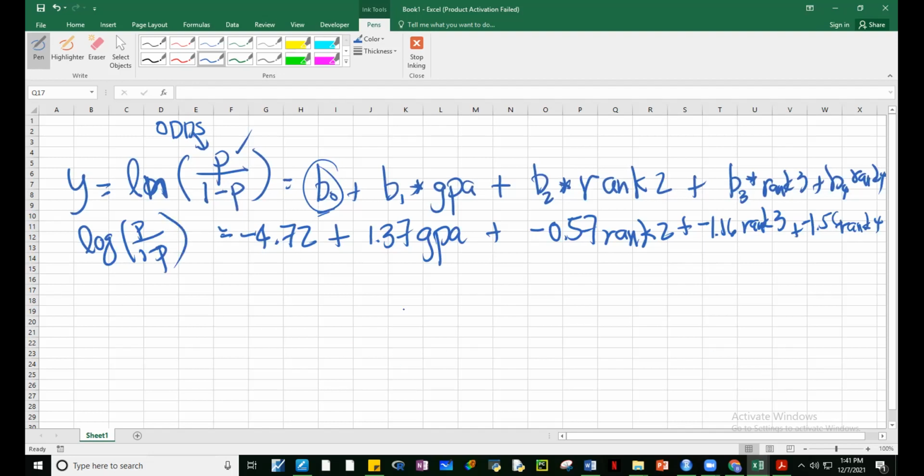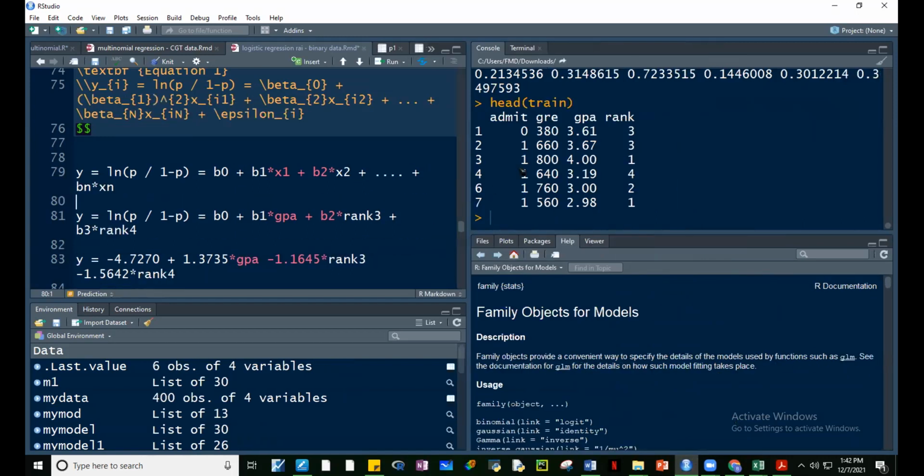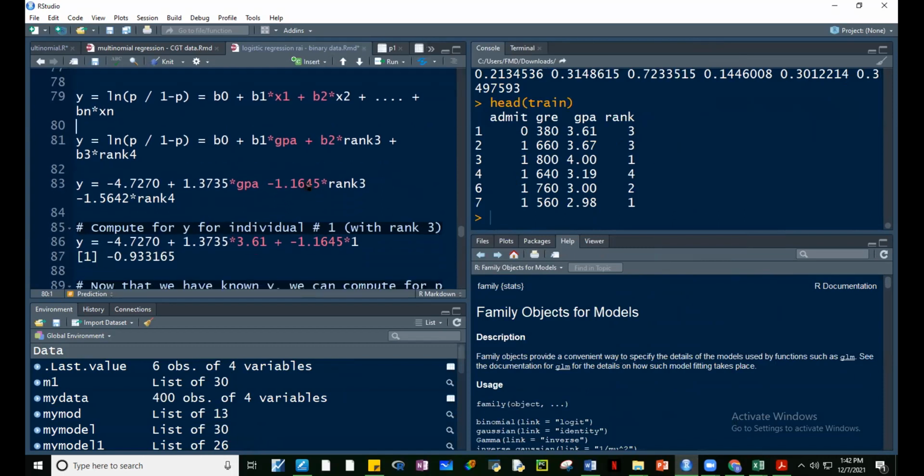That's our equation. Okay, sige, let's compute kung ano yung value na to for sample number 1. Okay, so let me walk you through what's happening in the values here. Okay, so let me just copy. Kinopy ko lang tong ano.